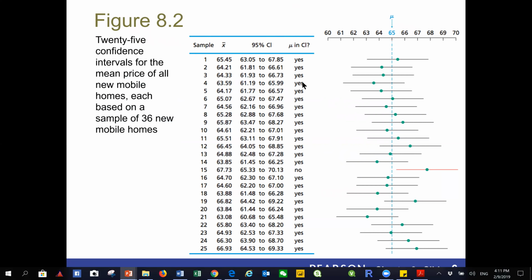So theoretically you can take unlimited samples, then say 95% of them will hit the target or include the target, or just take one sample and say this is a 95% confidence interval.